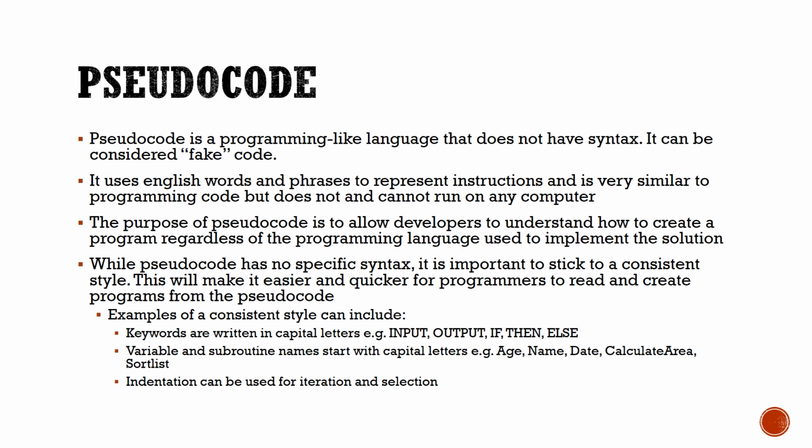Keywords means all the special-meaning words like input, output, if then, else, or for loop, all the things which have some special meaning in a programming language. Variable and subroutine names start with capital letters, for example, name, date, calculation. Indentation can be used for iteration and selection.